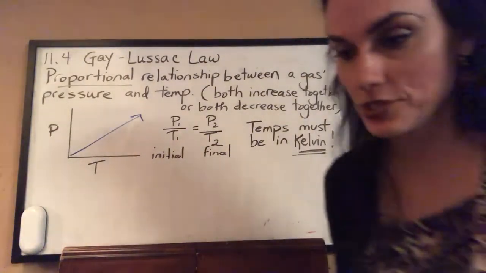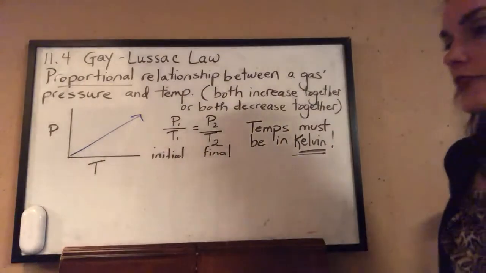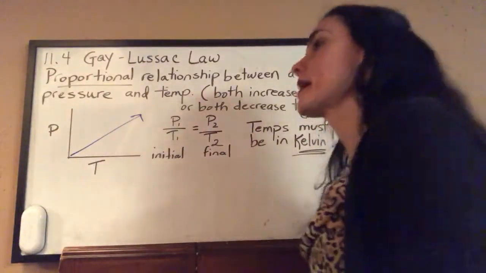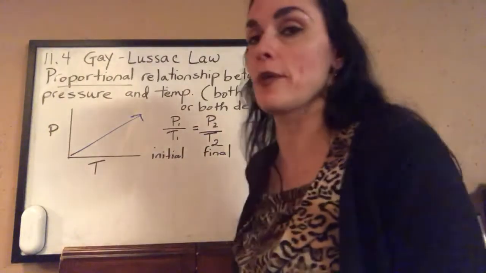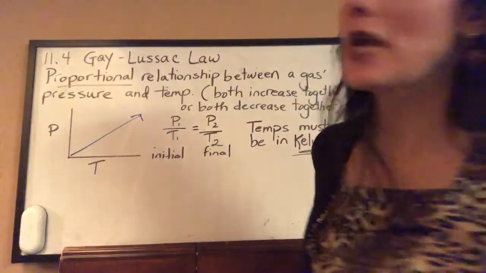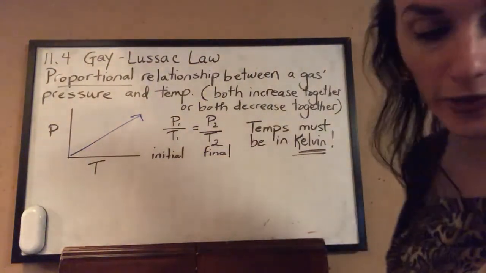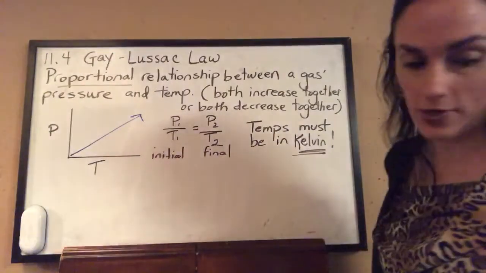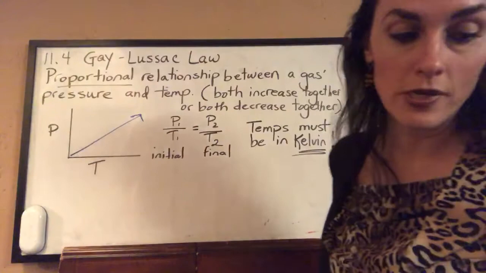Some applications of the Gay-Lussac law, when you talk about weather and you hear that there are low pressure areas in the forecast. Low pressure areas correspond to lower temperatures or a cold front. If you hear that there are high pressure areas, that's referring to warmer temperatures coming in or a warm front. This gas law has an application with pressure cookers.